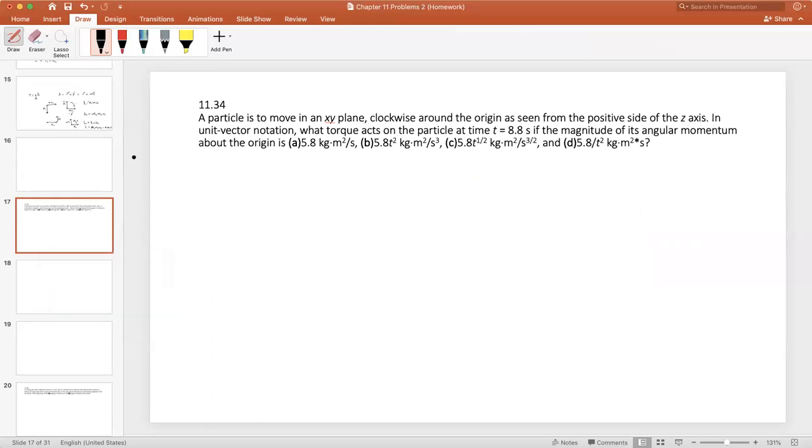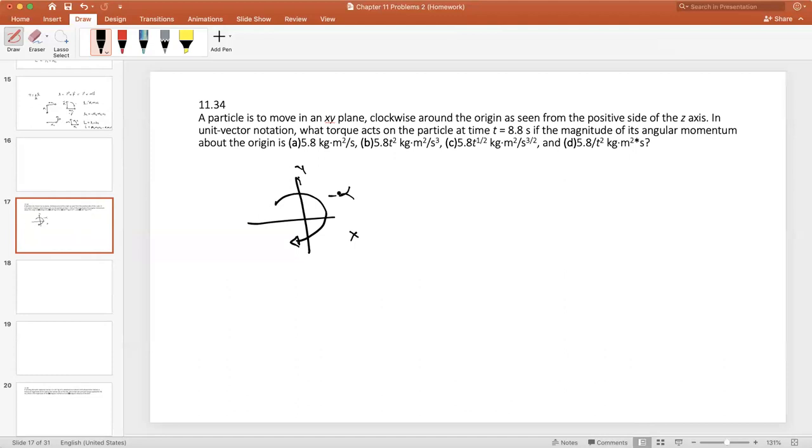So now in this one, a particle moves in the xy plane clockwise around the origin as seen from the positive side of the z-axis. So what that means is if we have an XY plane, Y and X, we're going to have a particle rotating like this in the negative alpha or negative omega sense.